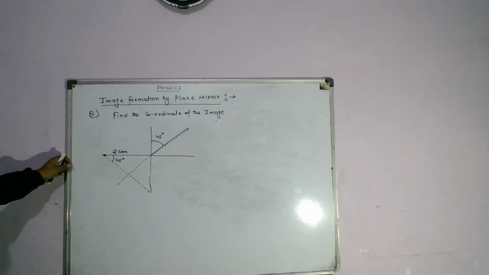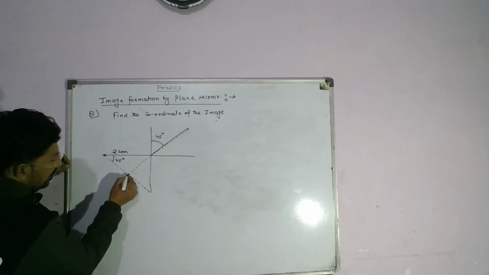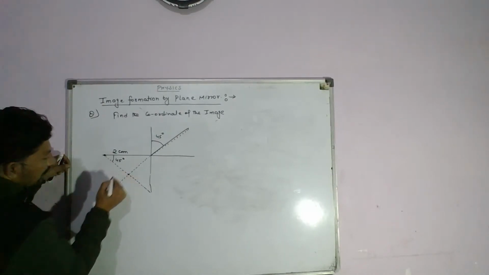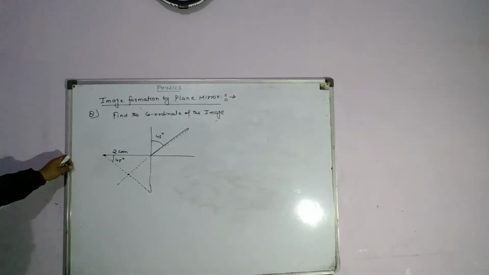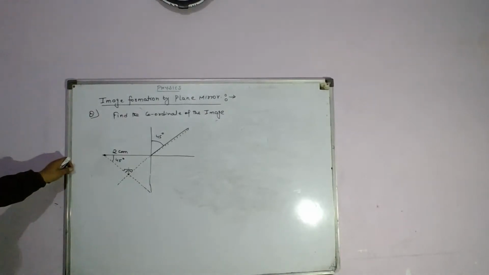Clear? So where these two rays meet here, a 90 degree angle is formed: 45 plus 45, total 90 degrees.